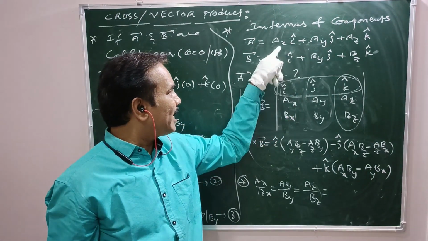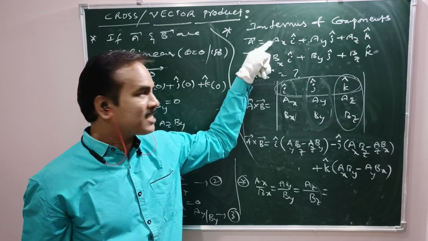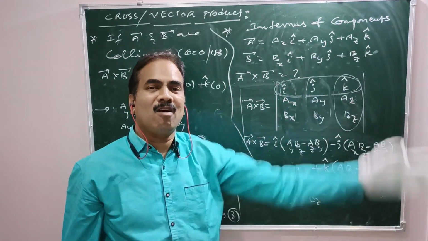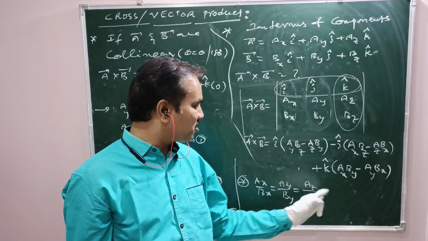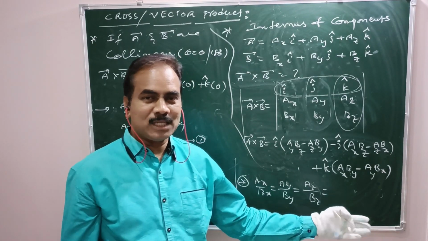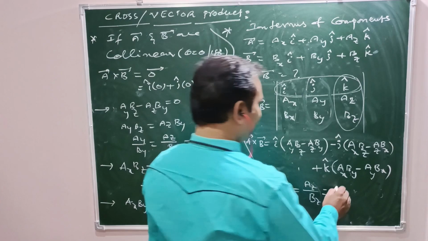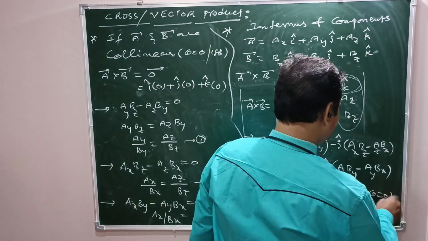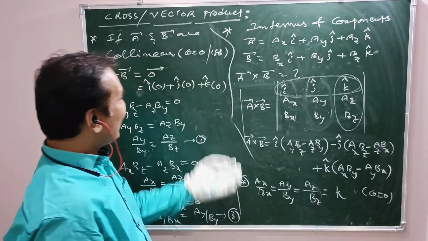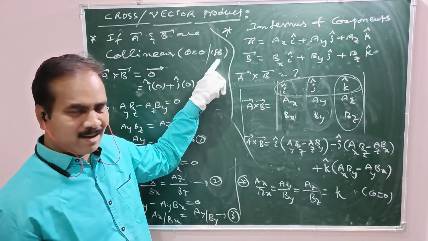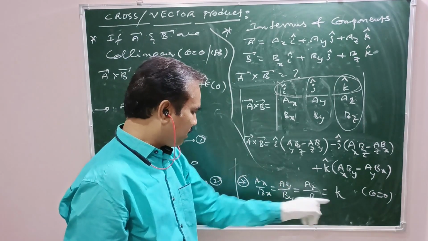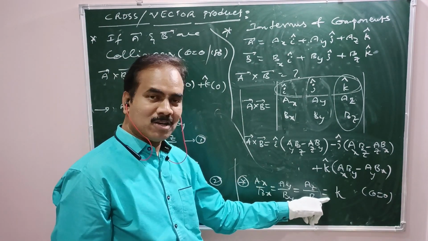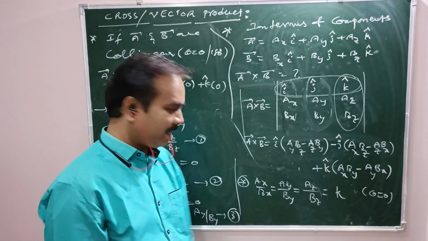All the ratios of similar components, x component by x component, y component by y component, z component by z component, are the same. That is a positive constant, that is plus k, if theta is 0. If theta is 180, that is anti-parallel vectors, then again ax by bx equals ay by by equals az by bz equals a constant, but a negative constant, that is minus k this time.